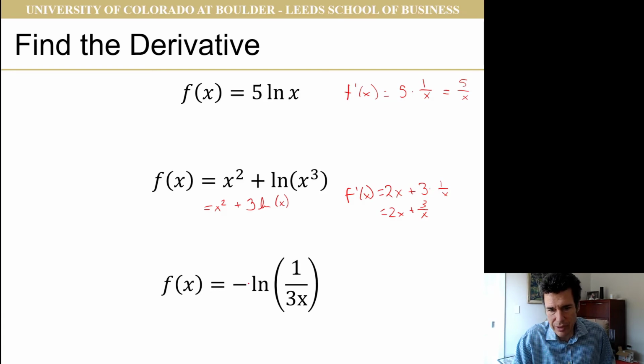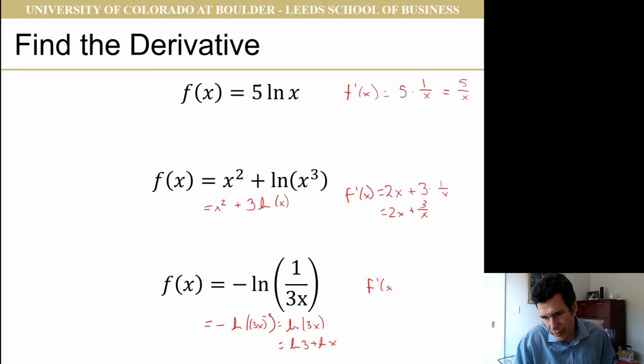F of x equals negative ln of 1 over 3x. Okay, we need to do a little work on this function first. That's negative ln of 3x to the minus 1 equals, we can bring the minus sign out, cancels with that minus sign, so we get positive. That's ln of 3x, which of course is ln of 3 plus ln of x.